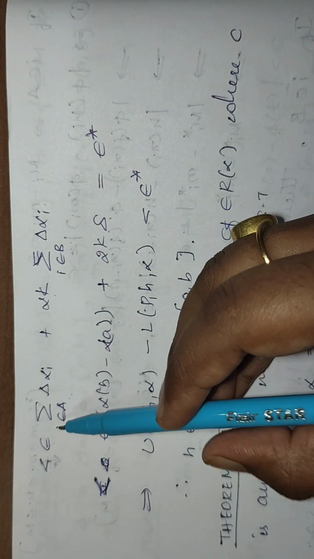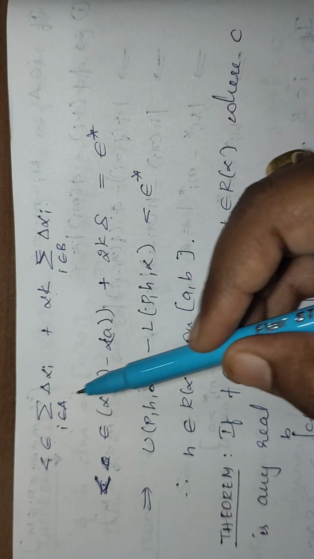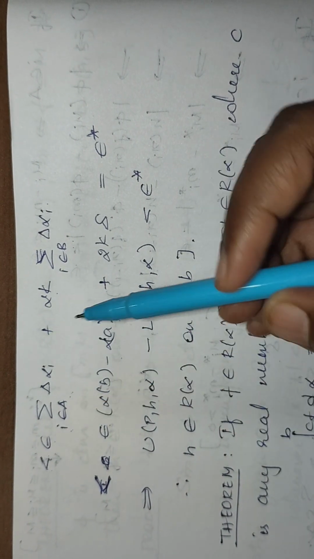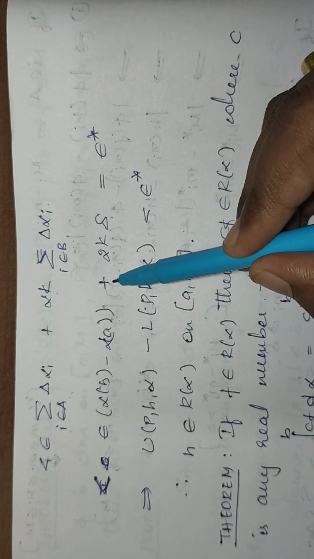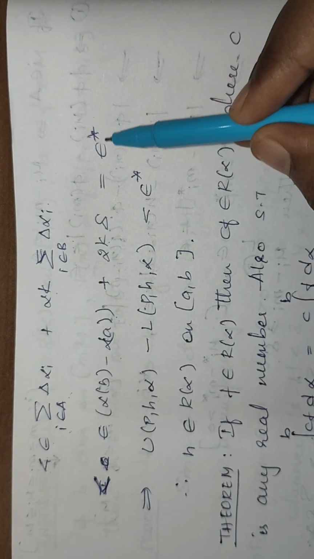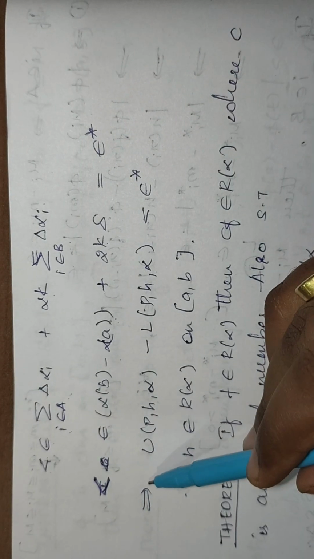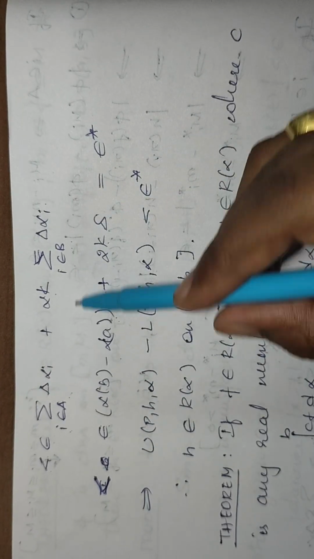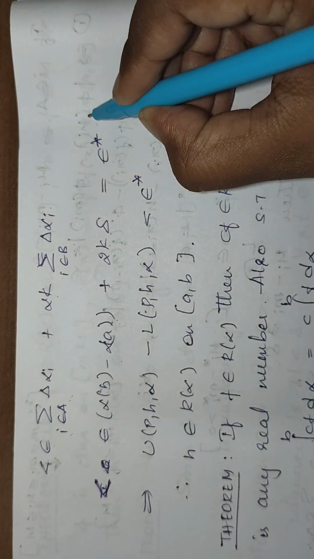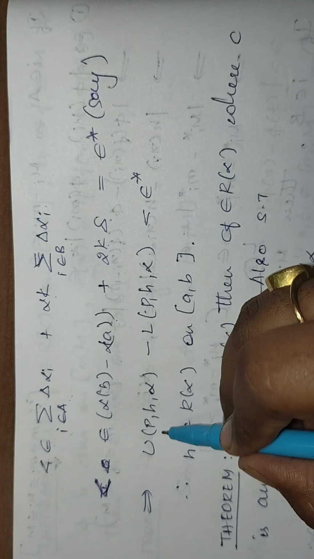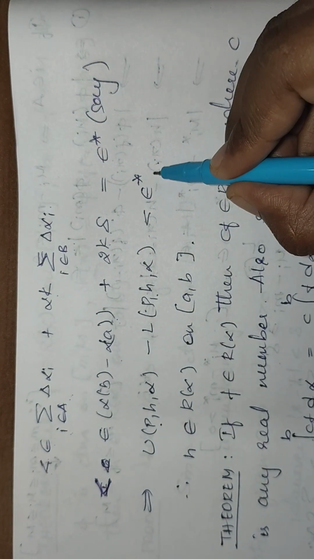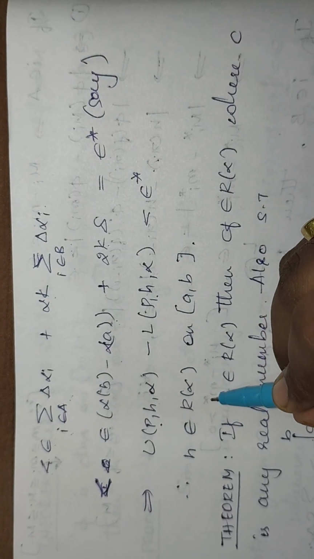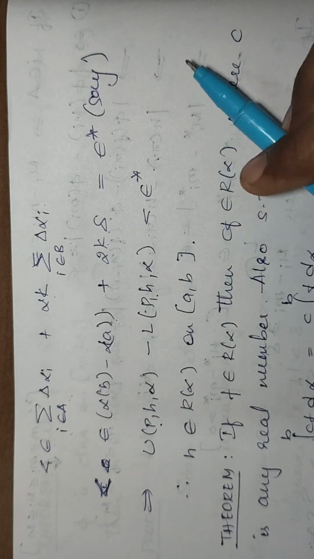So epsilon as it is, and this I have written as alpha b minus alpha a. See, once I expand this, I will get this, plus 2k into delta, which is equal to epsilon star. This implies the difference is less than epsilon star. See here, I have taken this as epsilon star, say, and I have proved that the difference between upper sum and lower sum is less than epsilon star, and therefore h belongs to R of alpha on closed interval AB, and hence the proof.